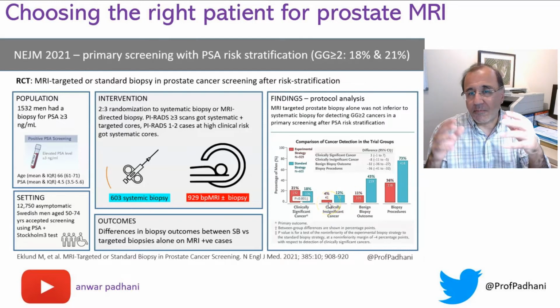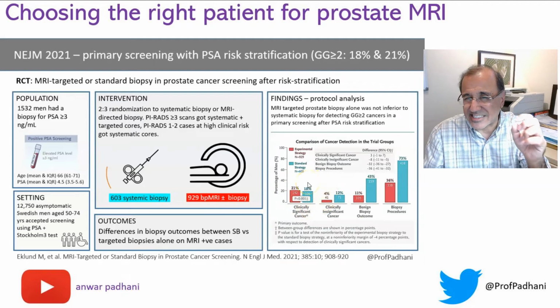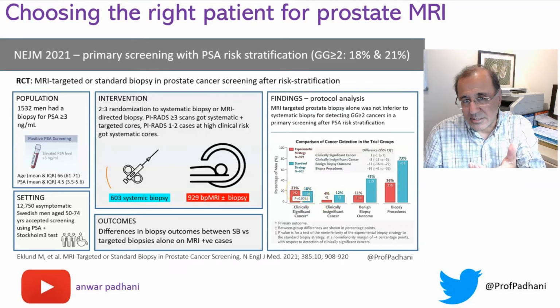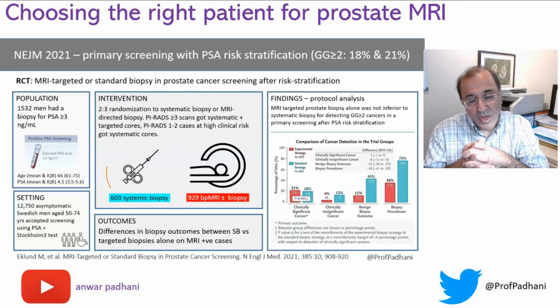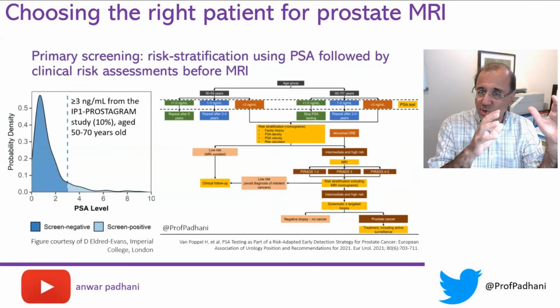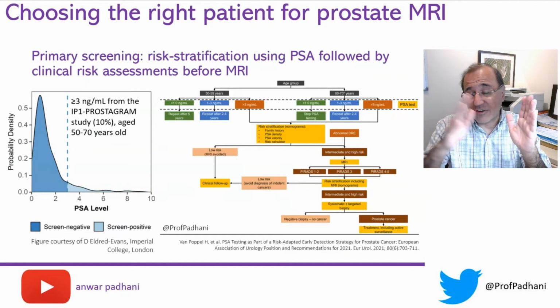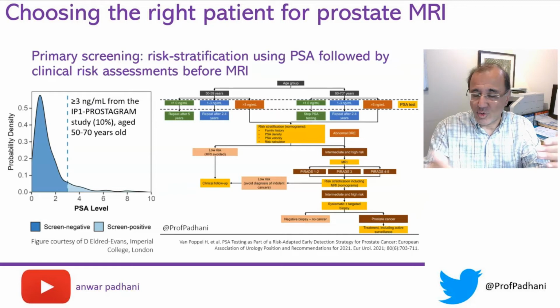You'll see that men who had a systematic biopsy were much more likely to have a benign diagnosis than a malignant diagnosis. But look, what is the difference in the detection of clinically significant cancers? The MRI detects slightly more clinically significant cancers, 21% versus 18%. And that was, in fact, statistically significantly improved on the MRI side. So what we're saying is that if you screen men in this way, with a PSA of 3, by increasing disease prevalence, MRI is able then to deliver the benefits that you want.